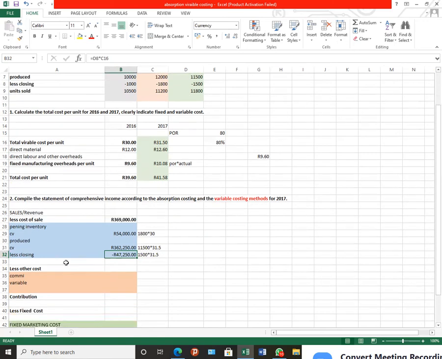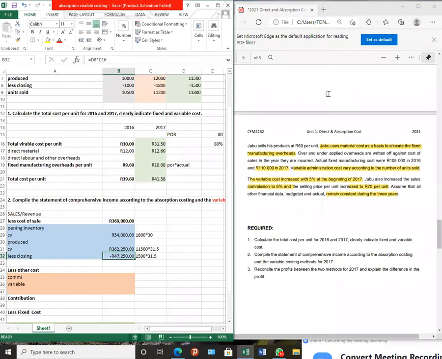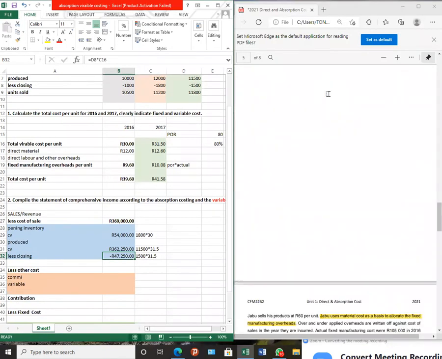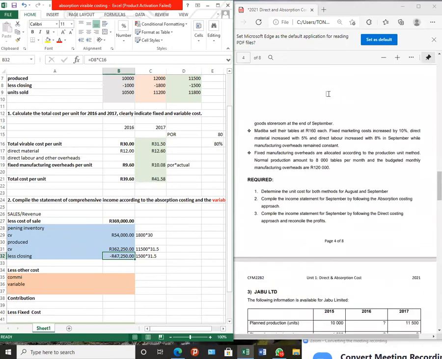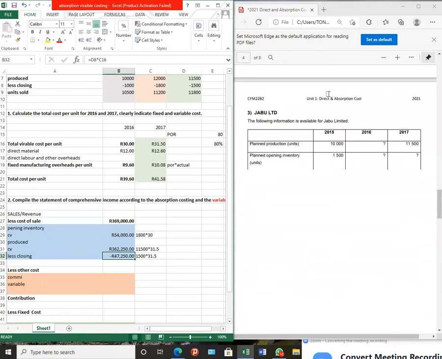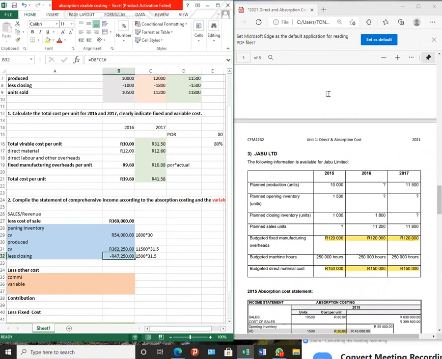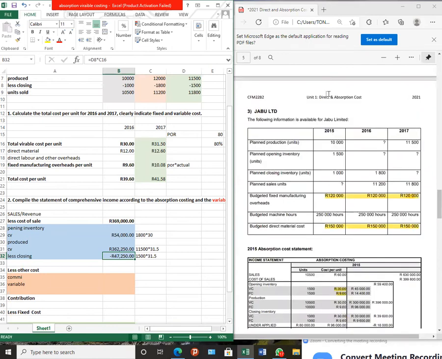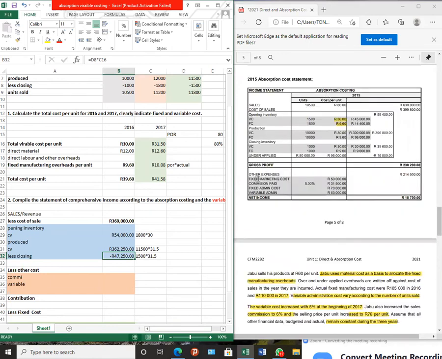Okay. And then, guys, we are going to less other cost. The other cost, guys, we have commission paid. How to calculate the commission paid?